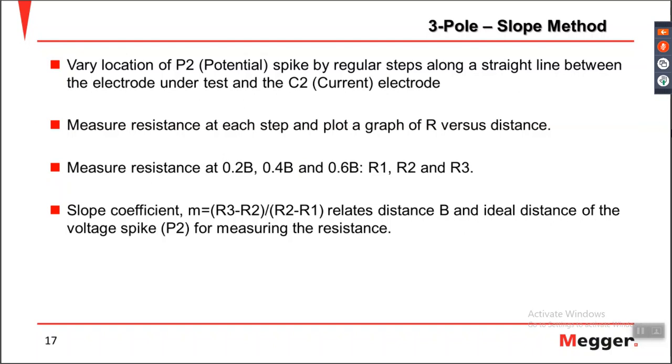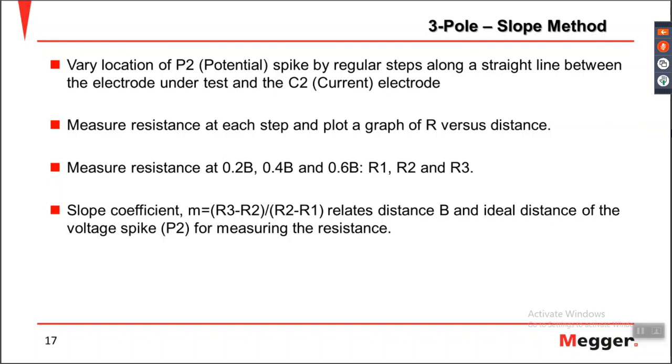You choose the distance, where E means the total distance from the electrode under test to the current probe, and you can insert the current probe maybe 2 or 3 times the maximum dimension of the system that I informed you before.